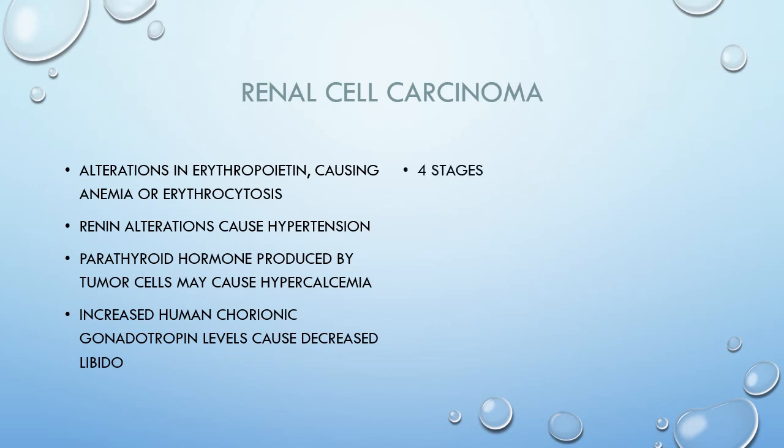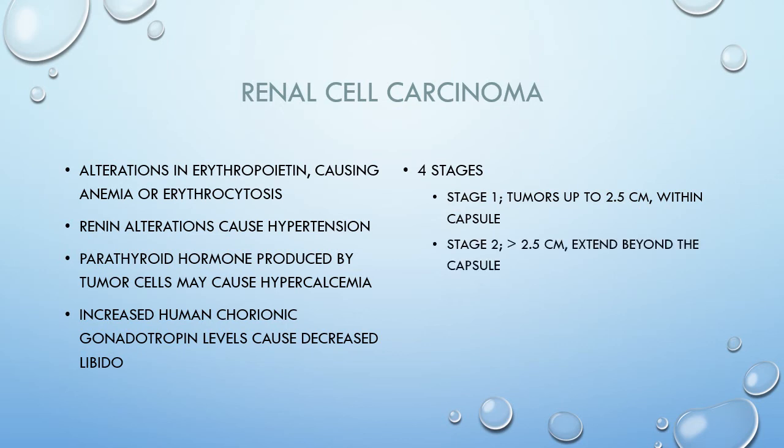There are 4 different stages of renal cell carcinoma. Stage 1: tumors are up to 2.5 centimeters and they are within the capsule. Stage 2 is greater than 2.5 centimeters and extends beyond the capsule.